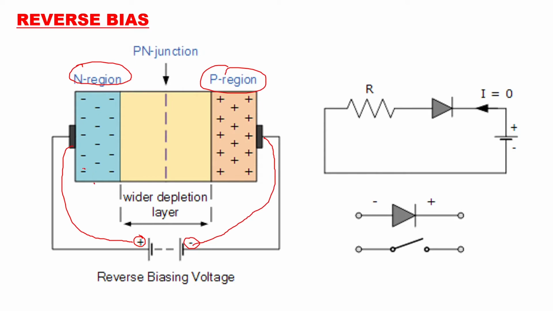The electrons, which are negative charge carriers, are attracted towards the positive charge of the battery, and the holes, which are positive charge carriers, will be attracted towards the negative charge of the battery. Because of this, they will move in opposite directions, and the depletion layer between P and N will increase. There will be a wider depletion layer between the P and N junction.